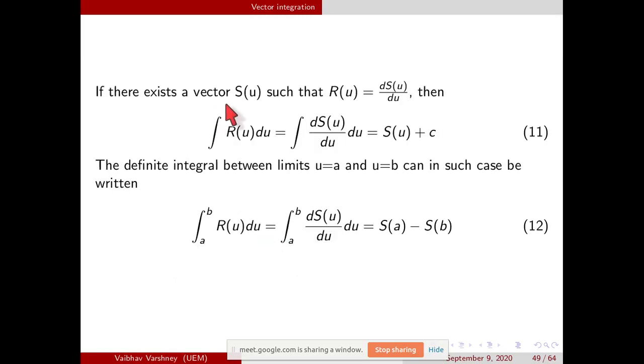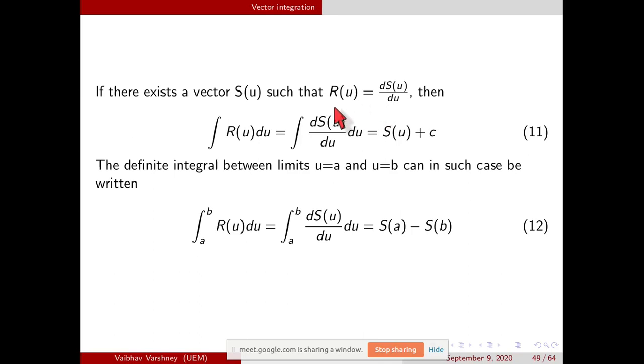See, if there is any vector S of u such that we can write R is equal to del S upon del u, like if R is sine x, not omega t, if R is sine x, then you can write it as a differentiation of cos x.